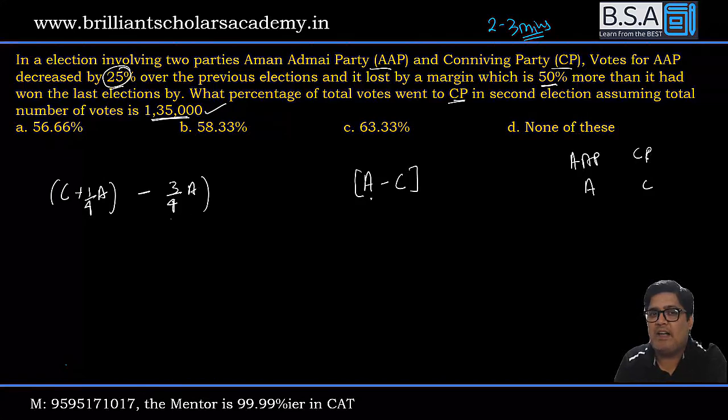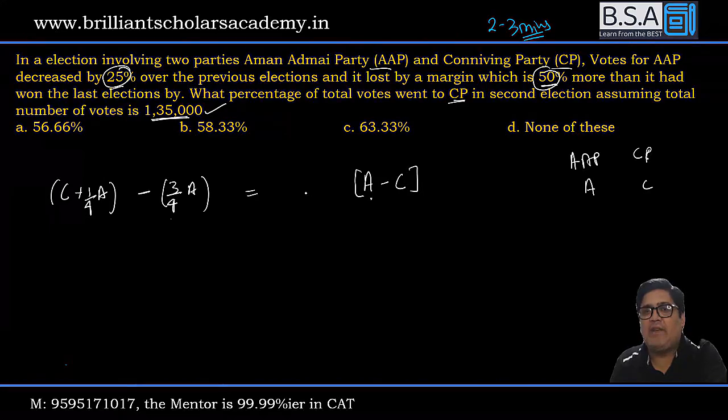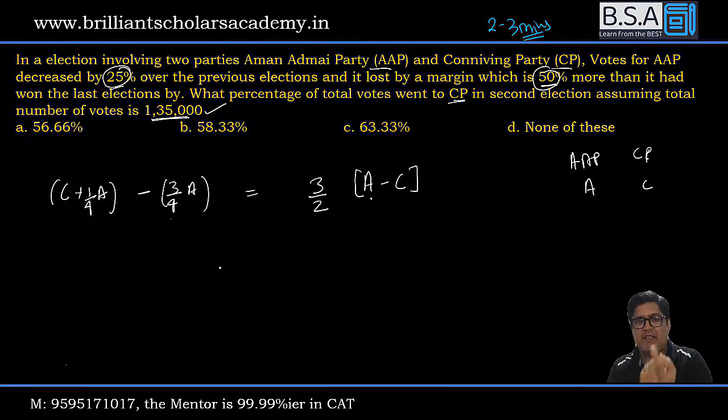The losing margin is how much? The losing margin is 50% more. How do you write 50% more? You write 3/2. The losing margin now on the left hand side is 50% more than the last year's winning margin. Now I need to rearrange and calculate values of A and C.